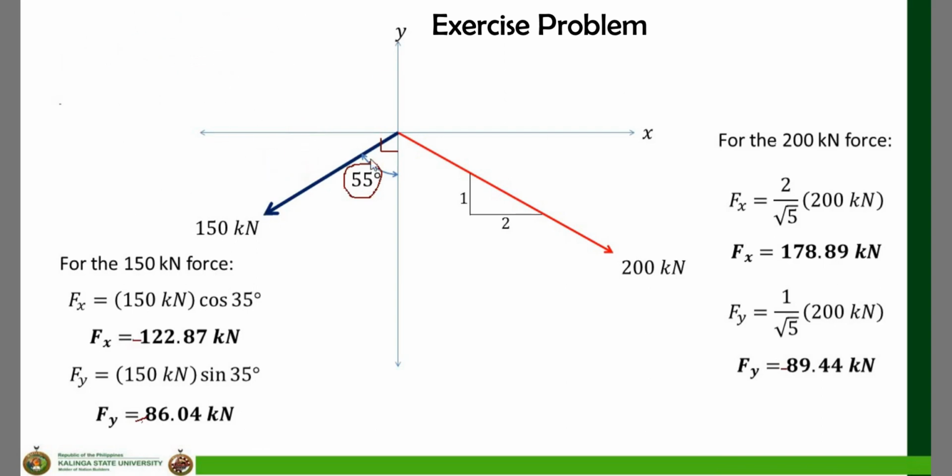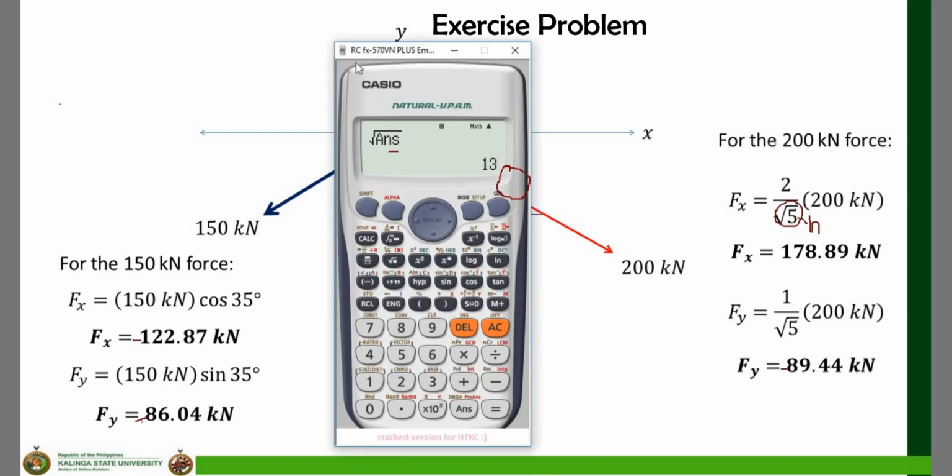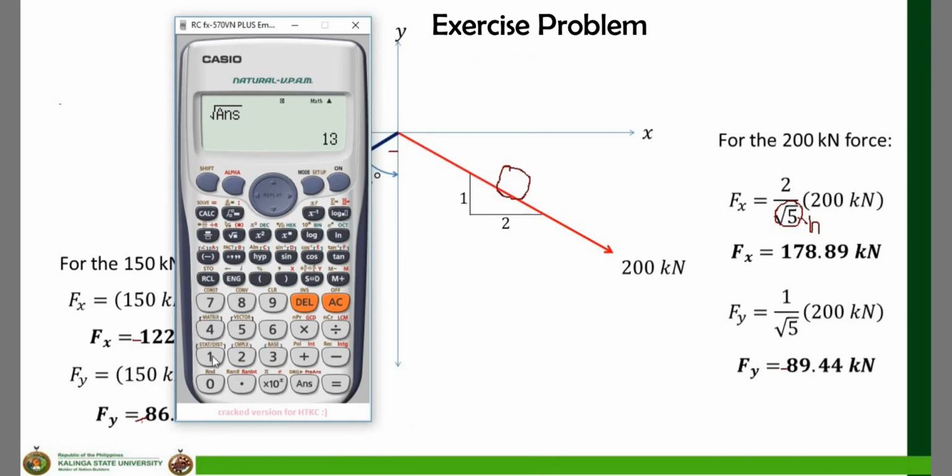Let me show my solution for the slope. Dito is square root of 5. Again, this is the hypotenuse. So, the hypotenuse of this small triangle is simply equal to 1 squared plus 2 squared.